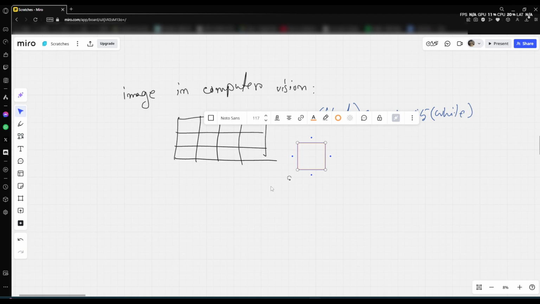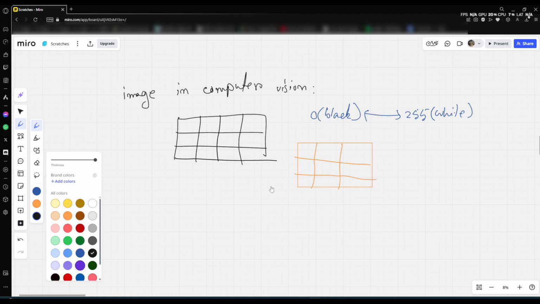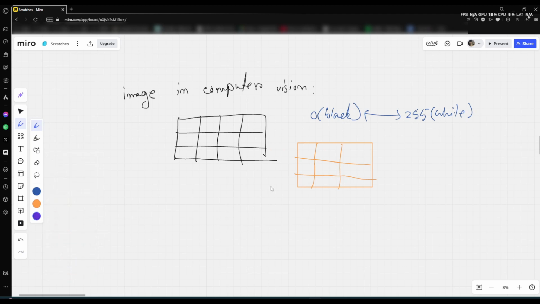As I showed you, there were numbers, if you can remember. This is a very small, tiny picture, and it has numbers like 0, 128, 255, 255, and so on.